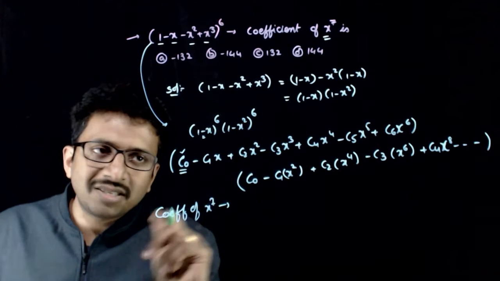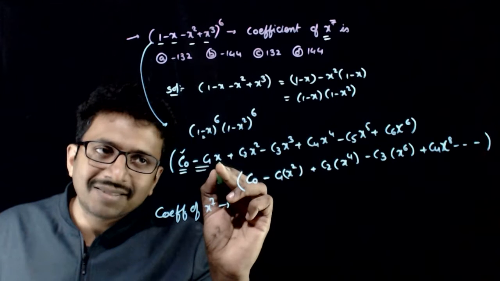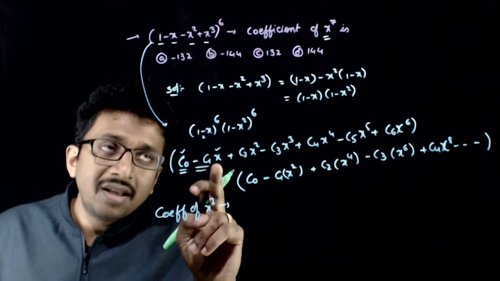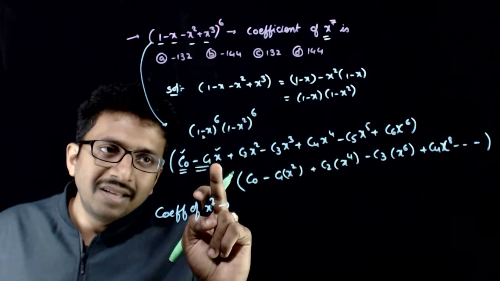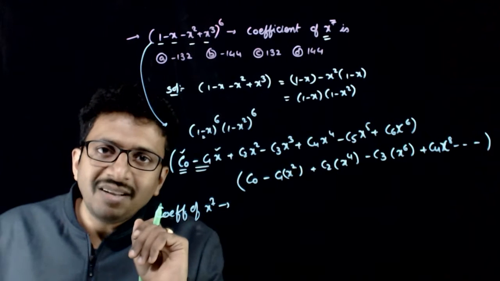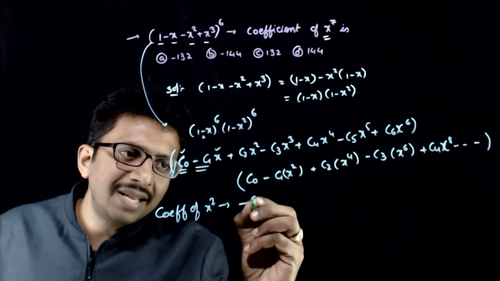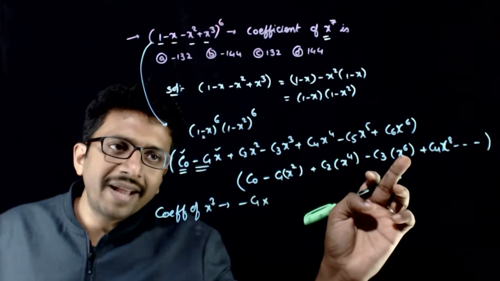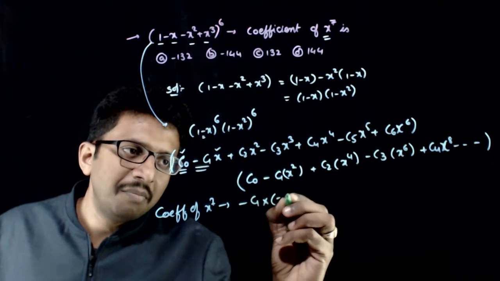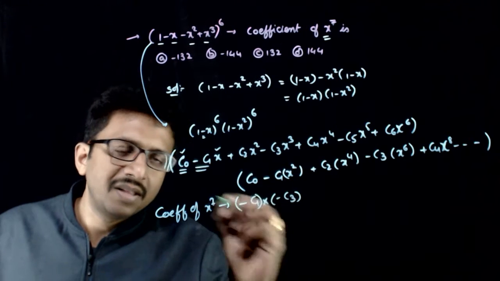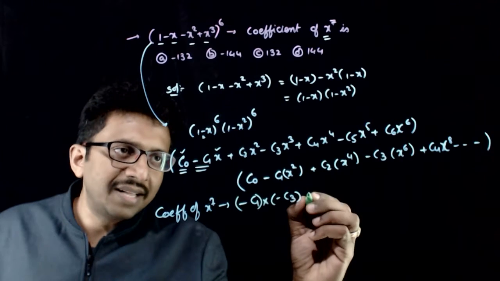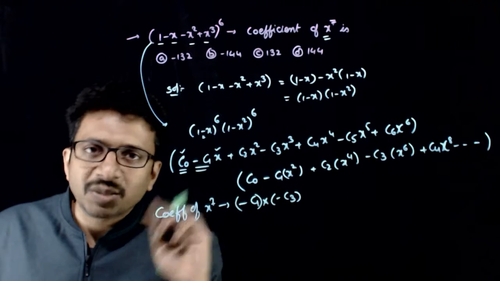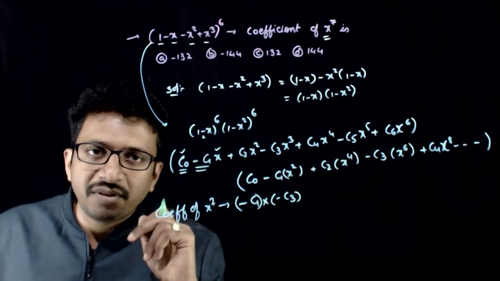Next, if you go to the next term, you have c1 into x, you have 1x. How many more x's do you want? You need 6 x's. So if you multiply this term with this term, you get an x power 7. So minus c1 into x power 6 term is minus c3. Minus c1 into minus c3, you get an x power 7 term. Next, with x square you won't get an x power 7 term because you don't have an x power 5 here.